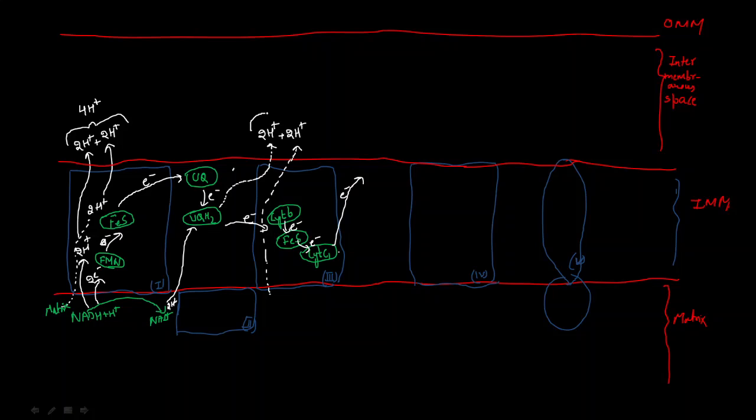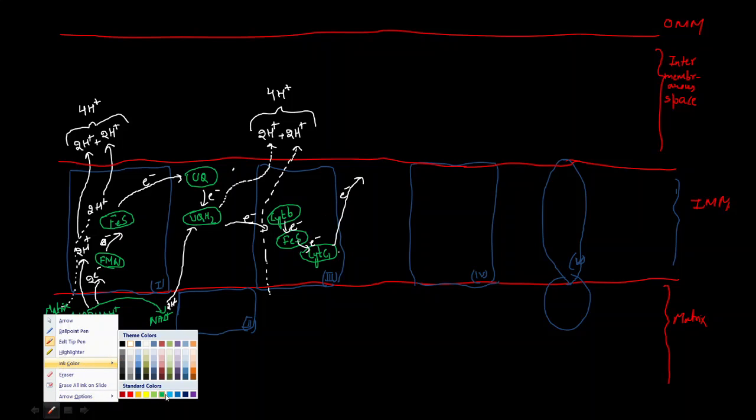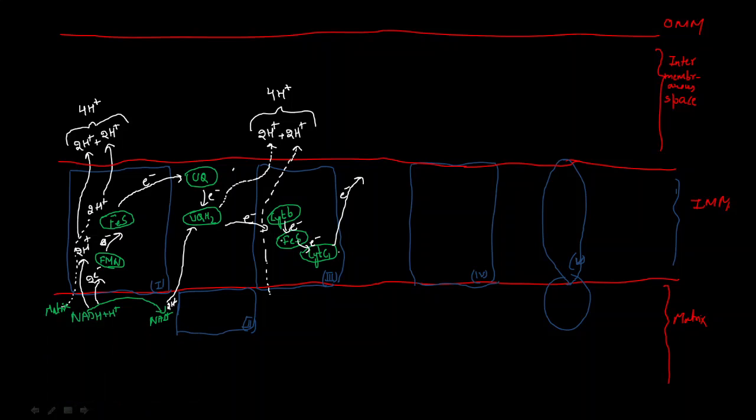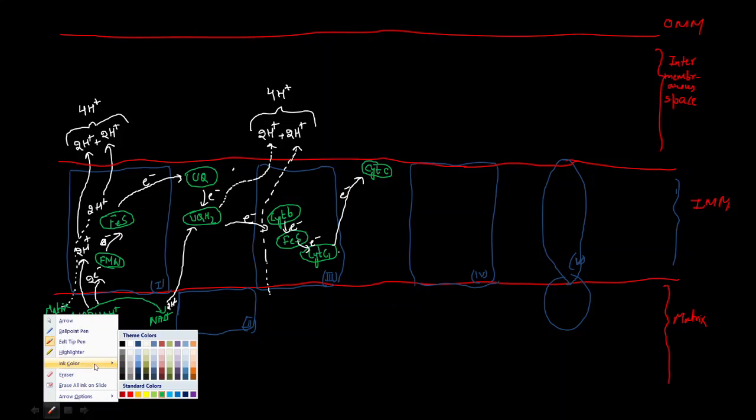So again, through the third complex, a total of 4 protons are released towards the intermembranous space. Now when it reaches cytochrome C1, it is going to release this electron. It will be picked up by another mobile electron carrier, that is cytochrome C. If you remember, we have marked it earlier as well, right?